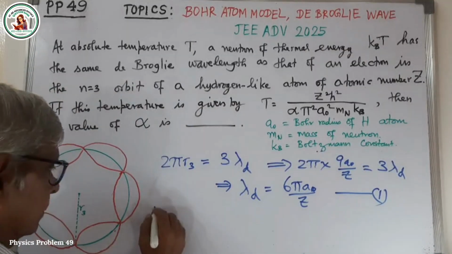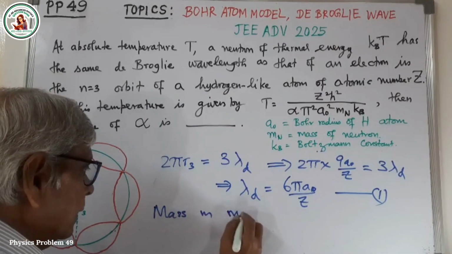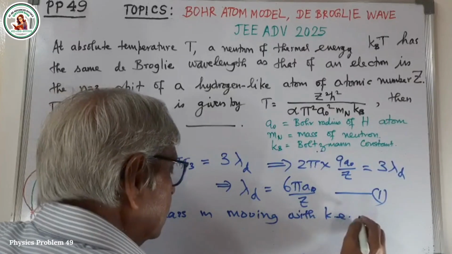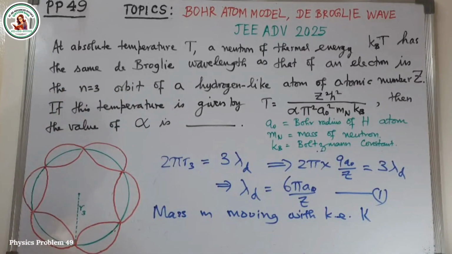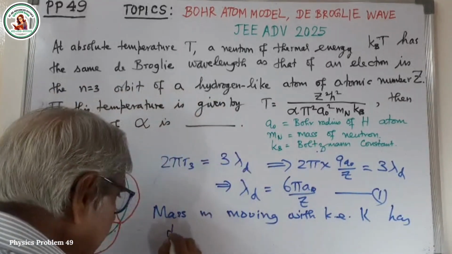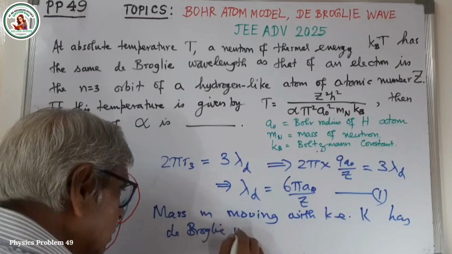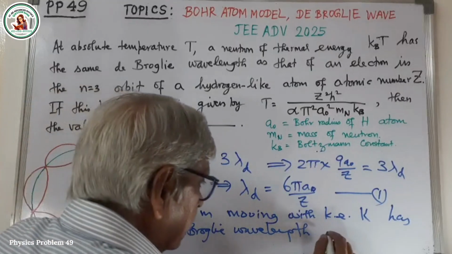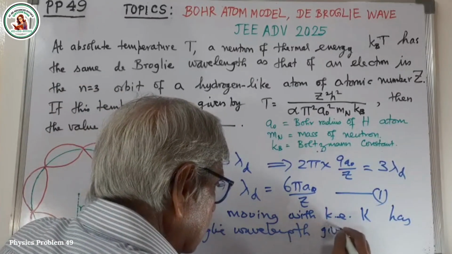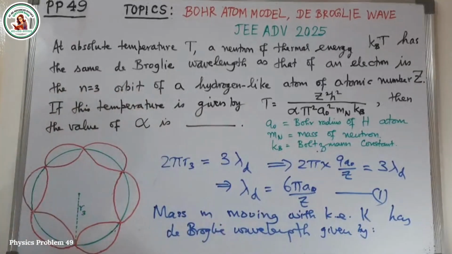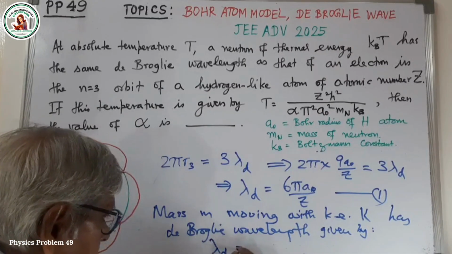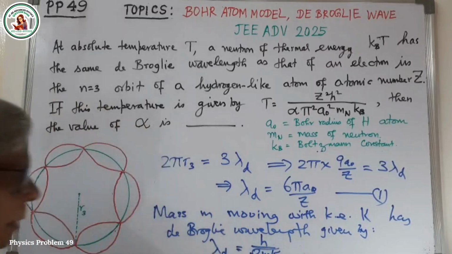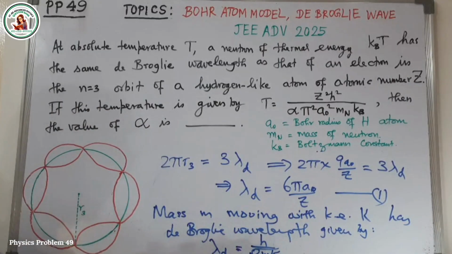A particle of mass m moving with kinetic energy K has a de Broglie wavelength lambda d given by lambda d equal to h by square root of 2mK, where m is the mass and K is the kinetic energy.